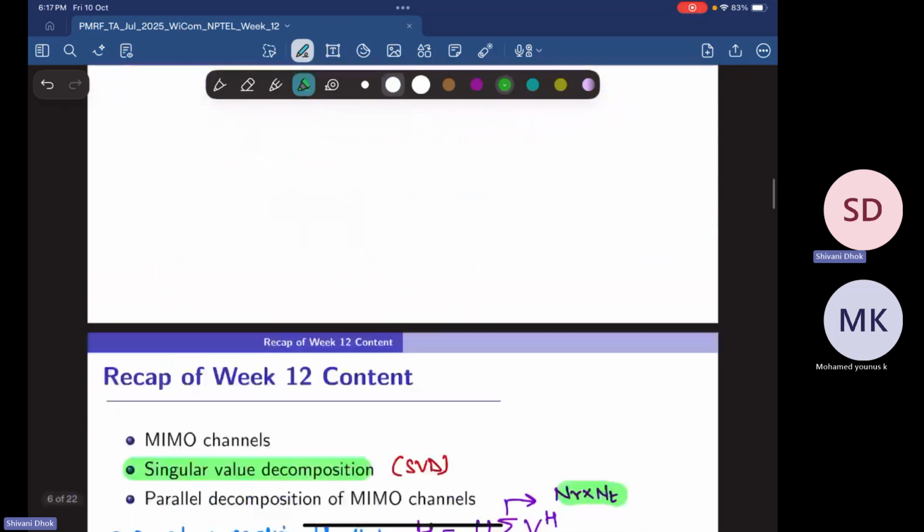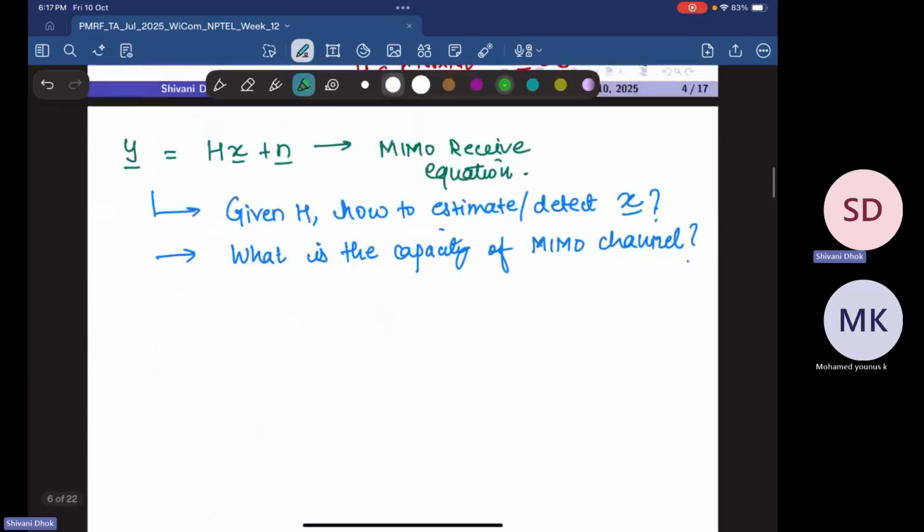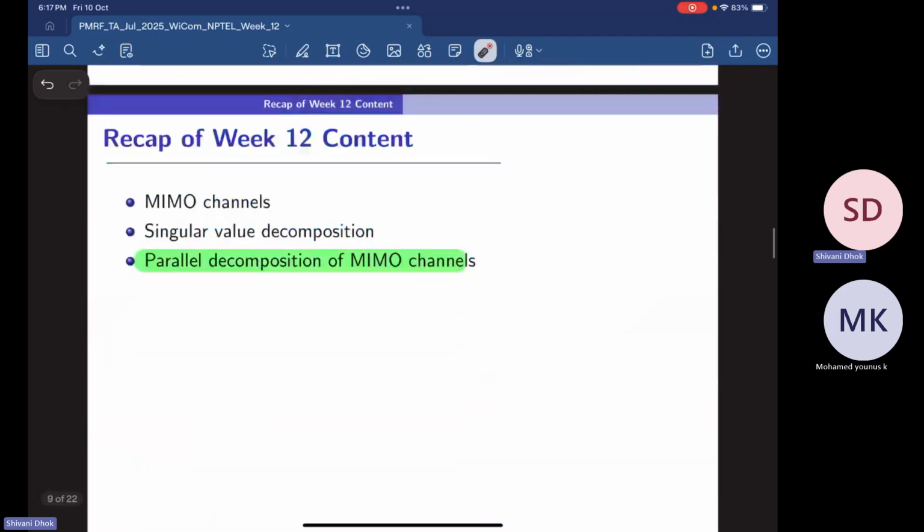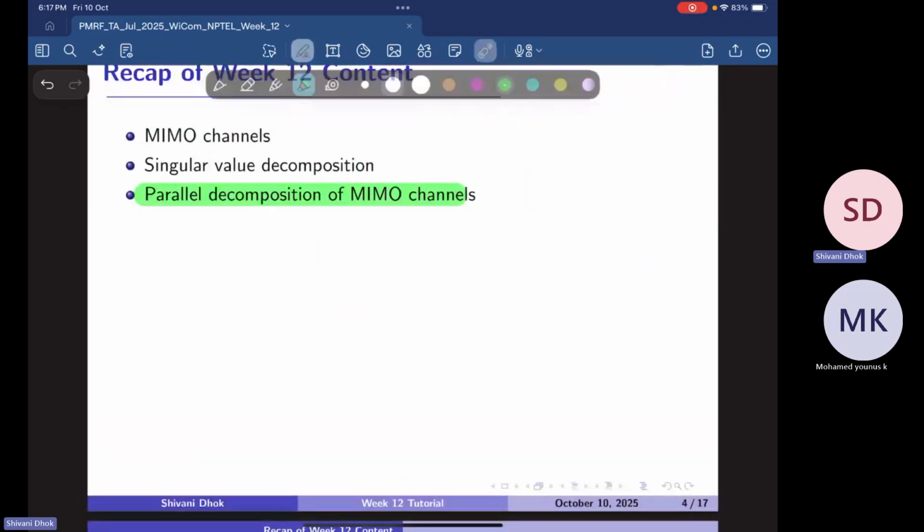If you go back to our MIMO equation, we were transmitting X and receiving Y. Now we said instead of transmitting X, we'll transmit a rotated version of X, that is, we will now transmit X tilde, which will be basically V x.